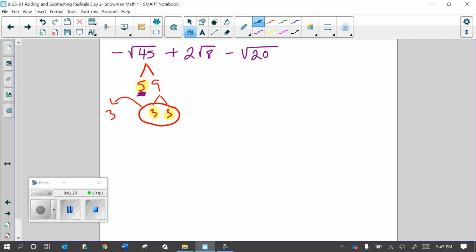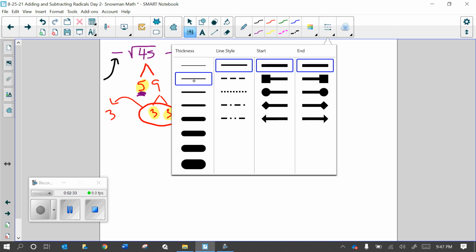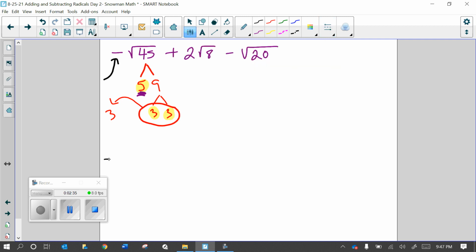Okay, so to put that together, we have this negative sign. Don't forget about that. Negative, and then the 3 came outside, and then the 5 stays on the inside. And then the next part, it says plus 2 square root of 8.